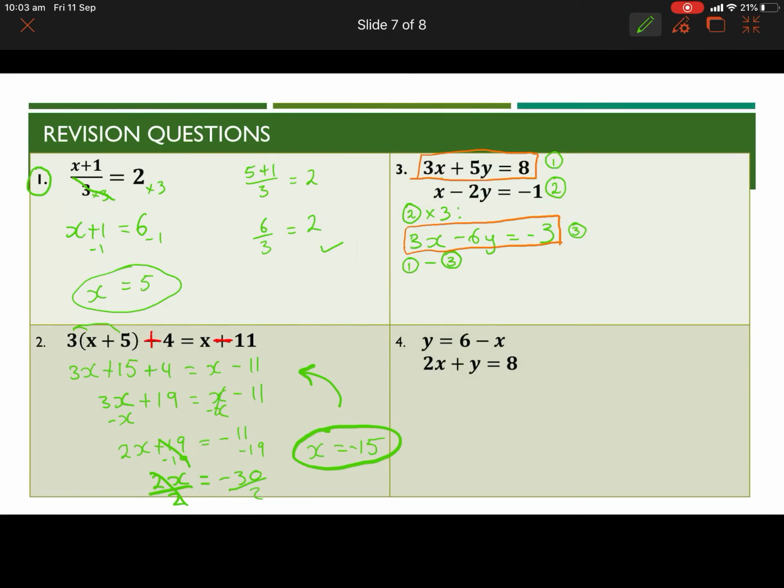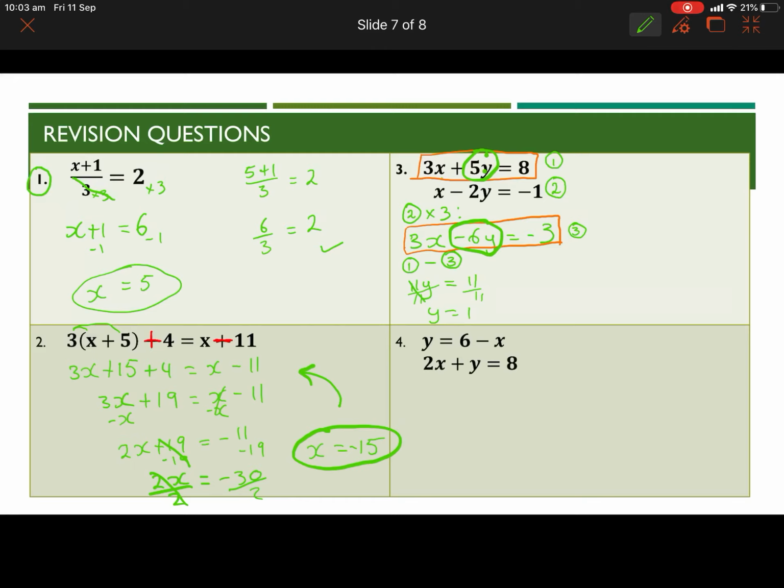So 3x minus 3x is obviously 0. 5y minus negative 6y is 11y. And 8 minus negative 3 is 11. Solving for y, we need to divide both sides by 11. So y equals 1.